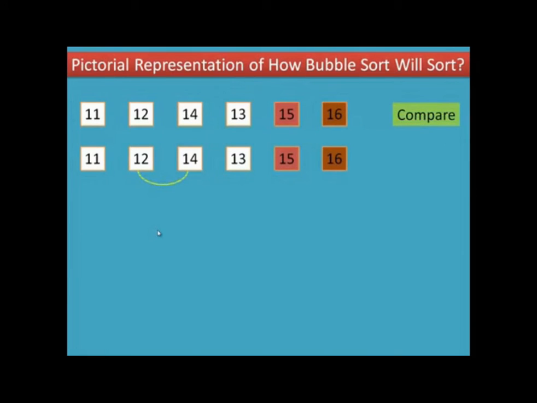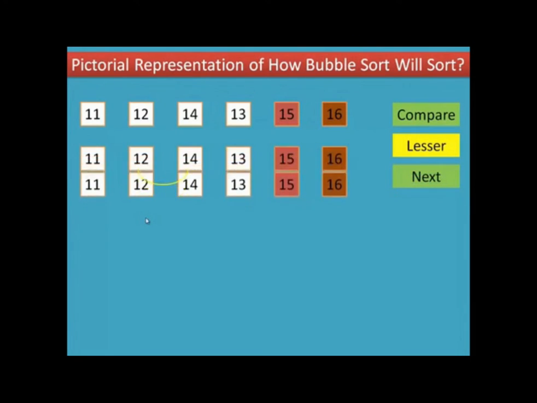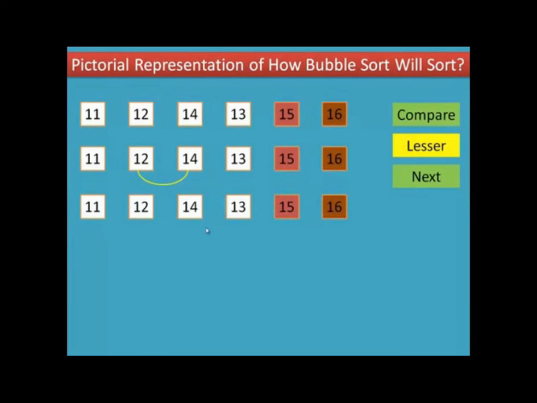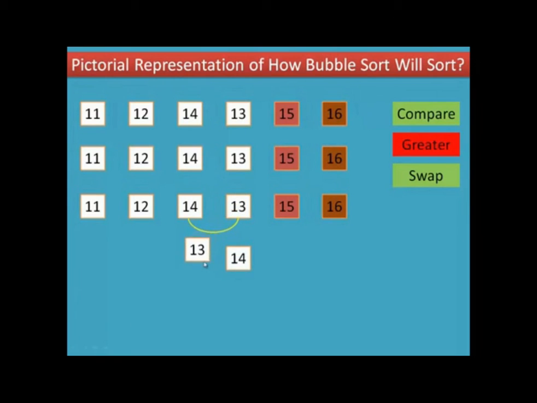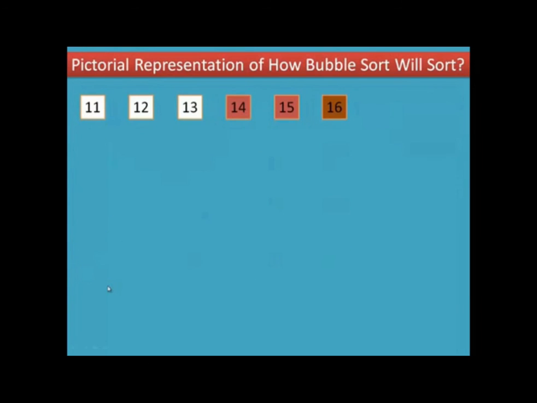We keep 11 and 12 as they are. Next, comparing the other two elements, 14 and 13. 14 is greater than 13, so we swap here. When we swap, the list will be in this order. Now 14 has also come to its position, so 14, 15, 16 are in position. We look at the other elements.